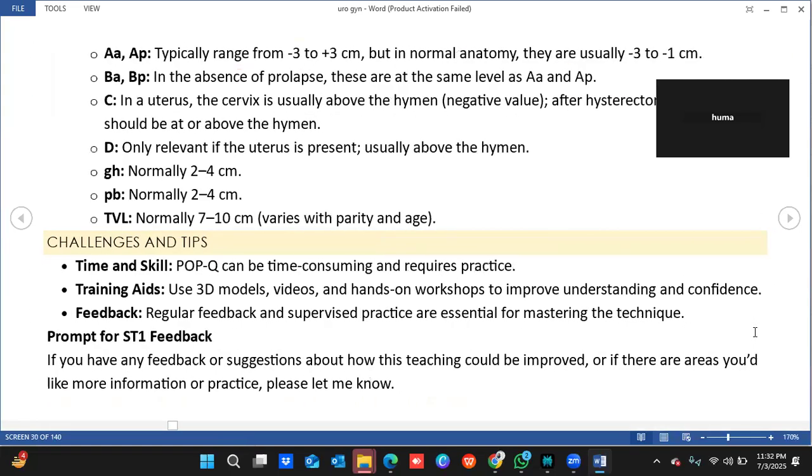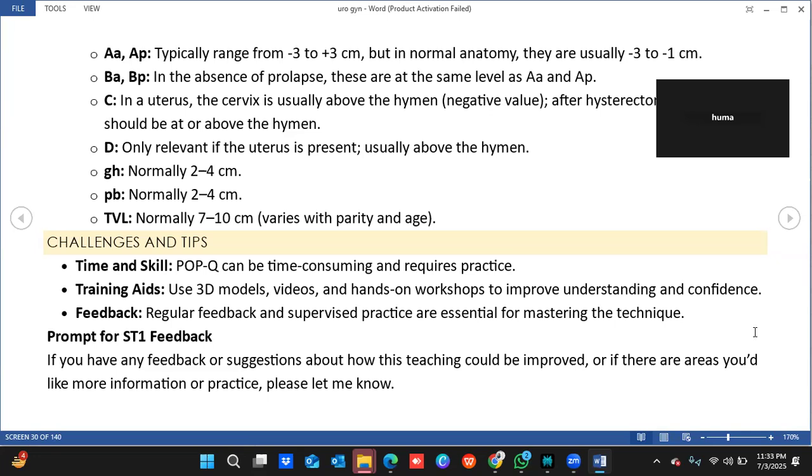Now I will tell you the normal values of these. In this system, Aa is typically minus 3 centimeters from the hymen, and Ap is minus 3 centimeters from the hymen in normal anatomy. Ba and Bp, in the absence of prolapse, are at the same level as Aa and Ap, meaning these values coincide at minus 3.